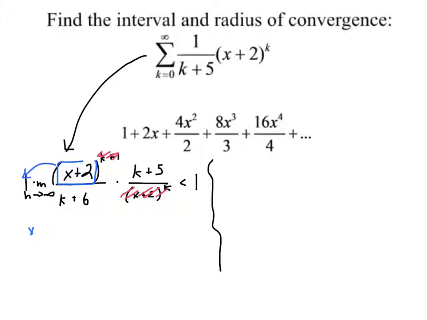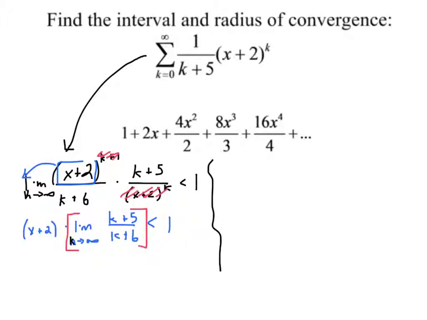So we have x plus 2 multiplied by the limit as n approaches infinity of k plus 5 over k plus 6. It has to be less than 1. The limit statement, oh, I'm sorry, it's as k approaches infinity. I'm doing that wrong the whole time.